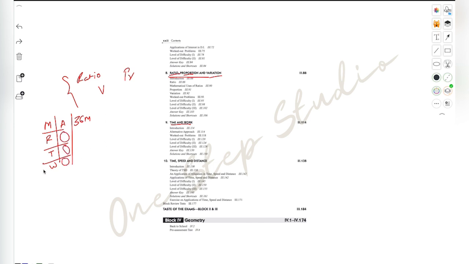Now for work, you can take the LCM of whatever you want, using whatever you know about the LCM concept. Apart from that, you need to remember one more formula, that is MRT upon W for the first condition is equal to MRT upon W for the second condition.